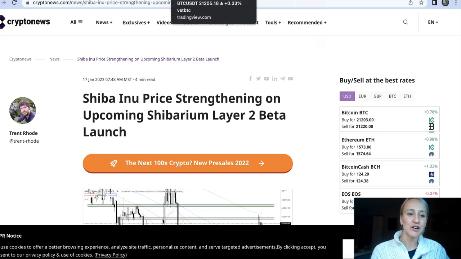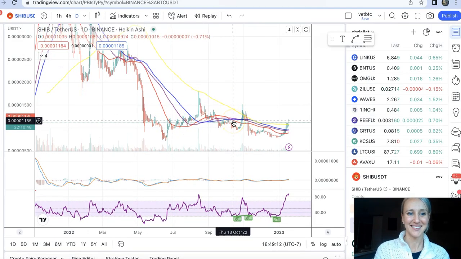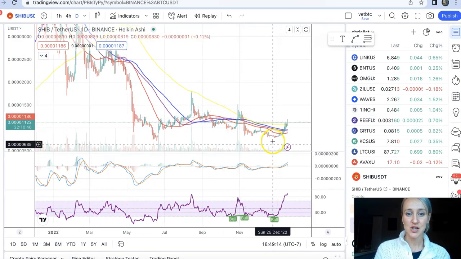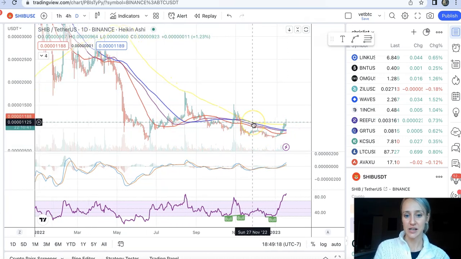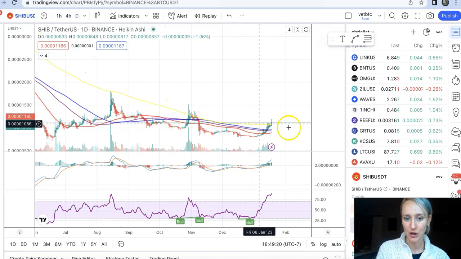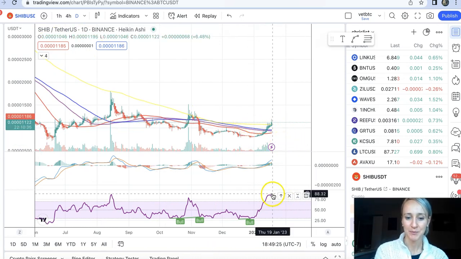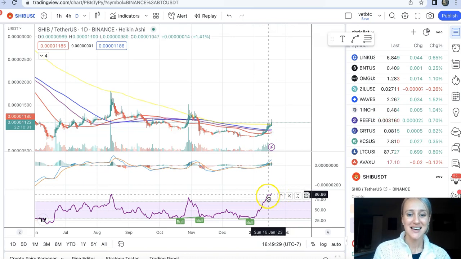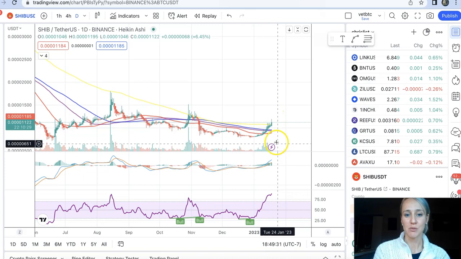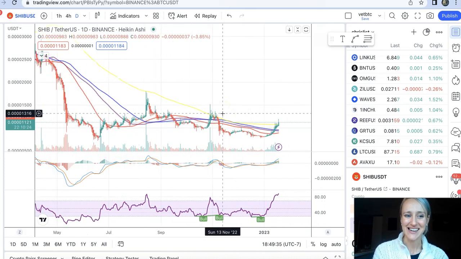So taking a look really quick at the SHIB chart, it has been starting to come to an uptrend. This is the daily chart, and it just printed a candle above that 200 moving average, which we've been talking about. Now it is very overbought, so looking for a potential move back can help you look for an entry idea.